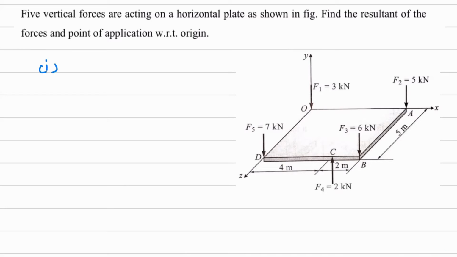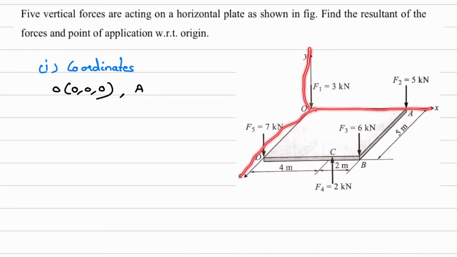First, we have to write down coordinates. We will start with point O, origin, it is 0, 0, 0. Then point A. Tell me what is the coordinate of this force. It is acting at this point, point A. This is the x-axis, this is the y-axis and this is the z-axis.